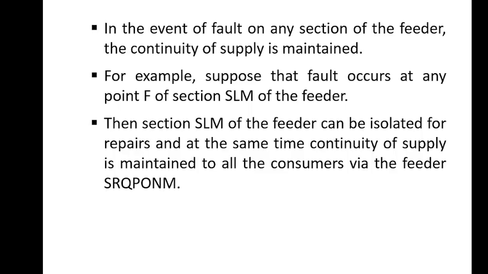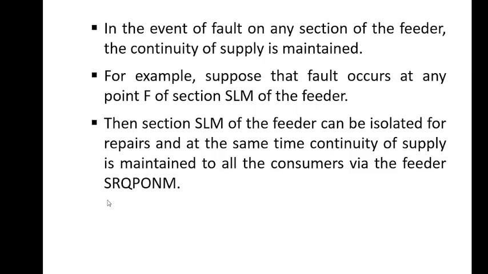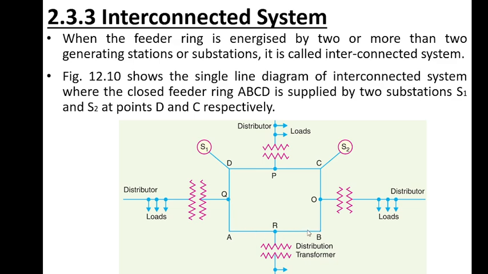For example, if a fault occurs at point F here, along section S L M in this feeder, that particular section can be quickly isolated for repair or maintenance. And despite this isolation, power supply is not disrupted because electricity can still reach all connected loads from these feeders, you know.